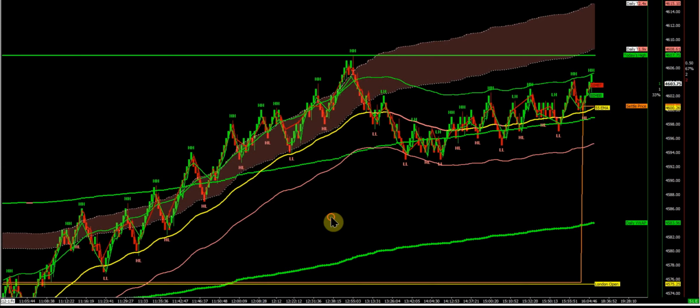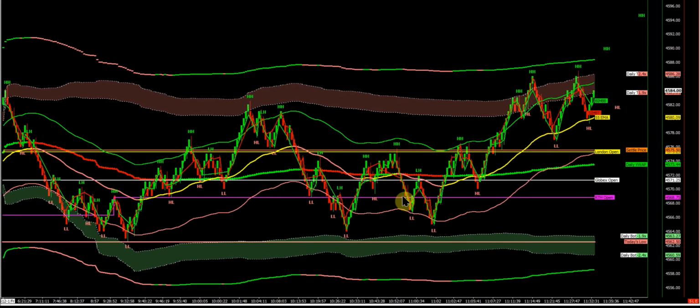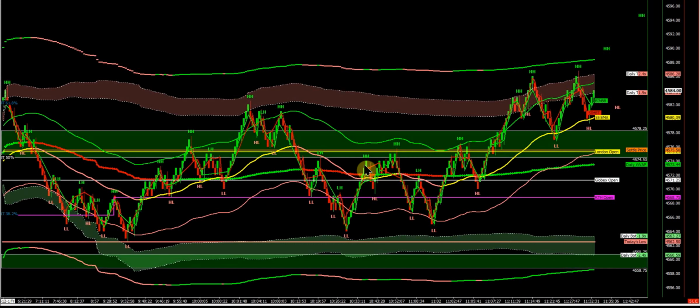All right, so what I'm looking at now are the extensions, and here's your VWAP. Here's that nice thick line there, your daily VWAP. Here are your daily extensions, which are flattening out.